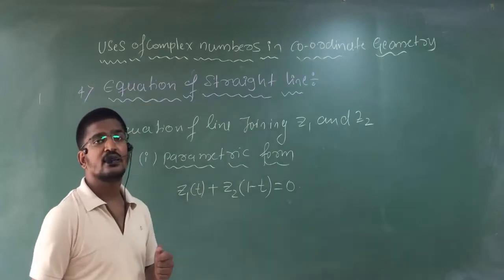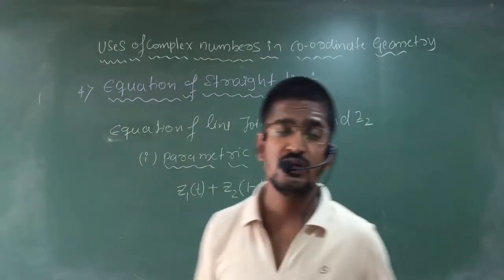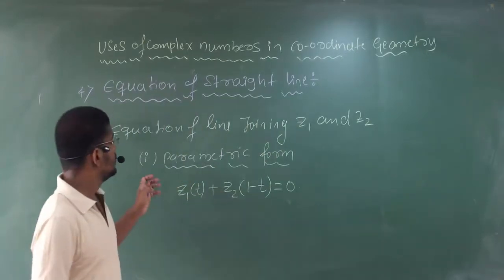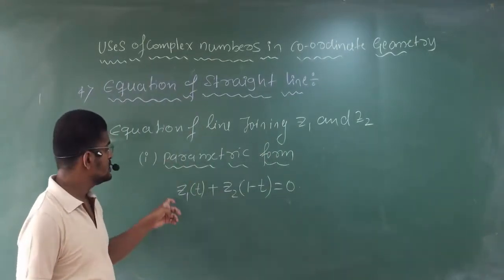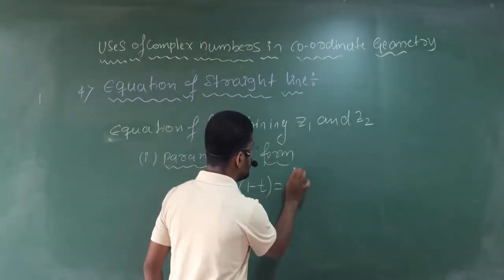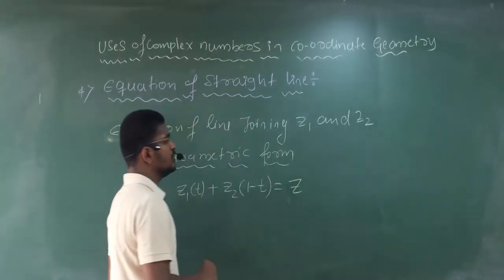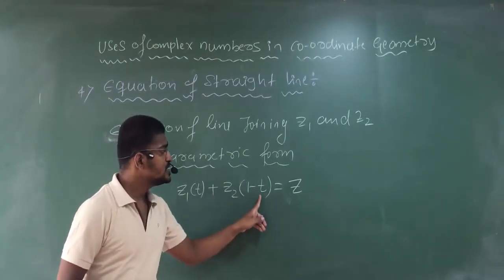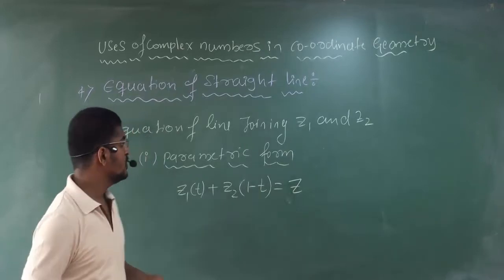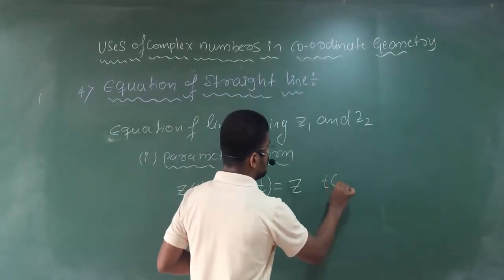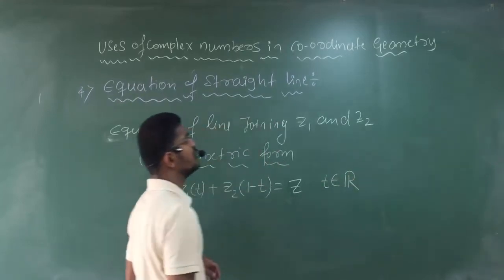Clear? Here the equation of the line joining Z1 and Z2 in parametric form will be Z1 t plus Z2 (1 minus t) equal to Z. Here t belongs to the real number set.